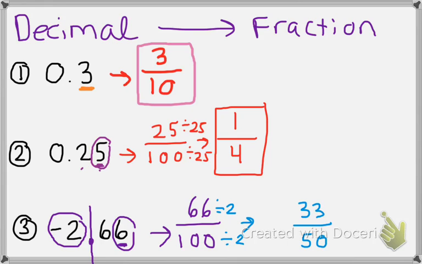Then you ask yourself again, can that be simplified? That cannot. So since that's simplified, we have to remember our whole number. So that whole number will go right in the front of our fraction. So our answer is negative 2 and 33 over 50.